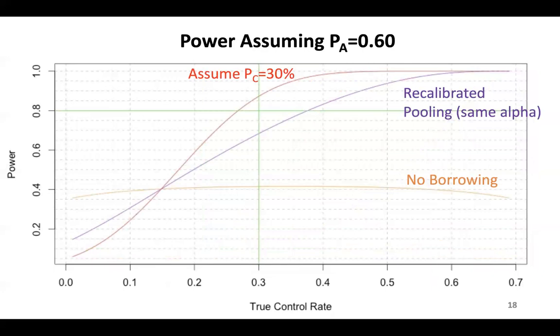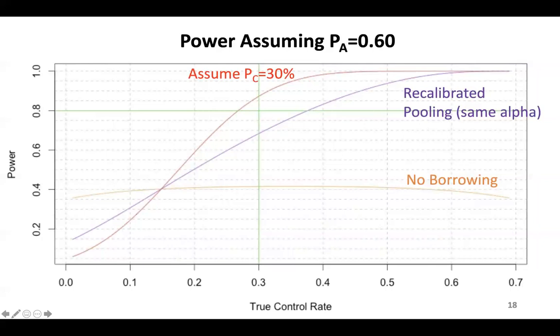The power ramifications, when in fact the new therapy has a 60% success rate, you can see we do quite a bit better than not using that previous historical data. We're running a trial that if 30% is correct, our power goes from this 41% to now almost 70%.